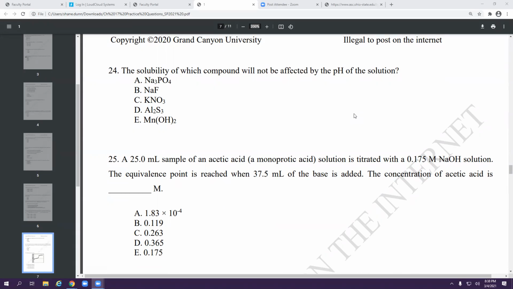What compound's solubility will not be affected by a change in pH? Here's what's going to happen. To not be affected by a change in pH, you need a neutral solution.